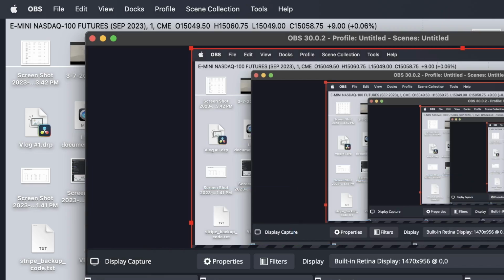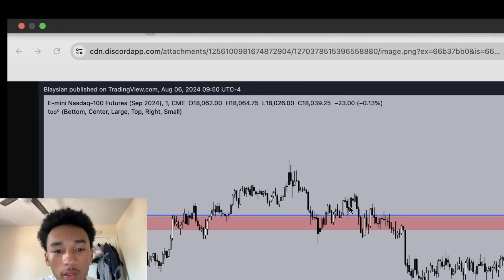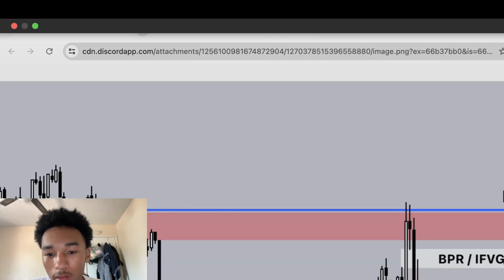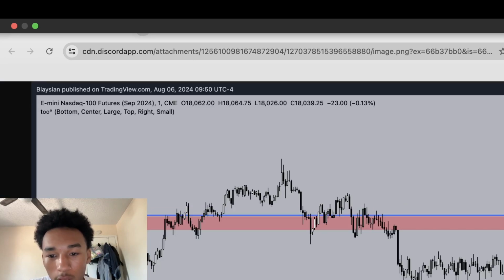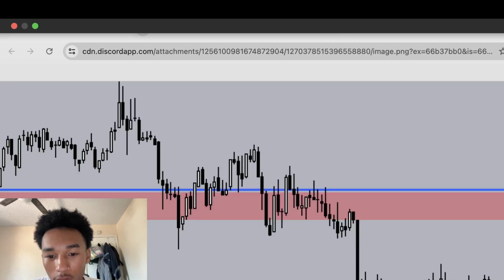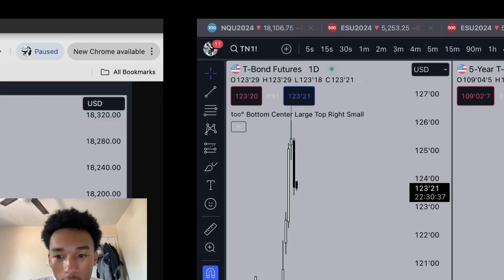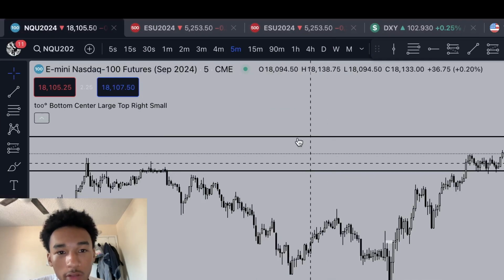Alright, anyways, so we had this original consolidation, and then we have market open around here, and then we have manipulation, clear out all the buy side from this original consolidation, and we also sweep the previous day PM session high. And here, I'll go into TradingView actually right now to show you guys that.